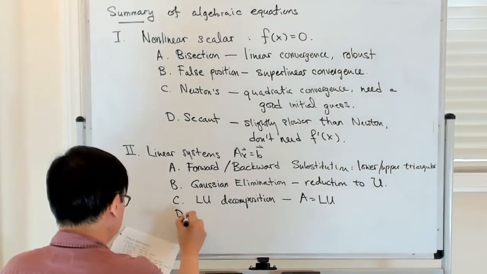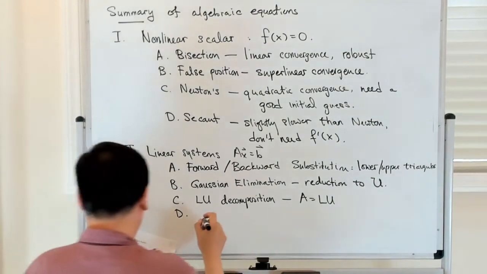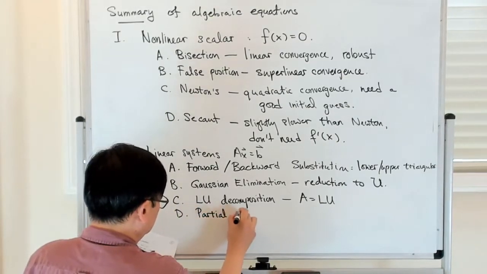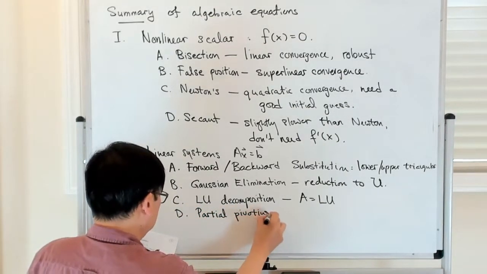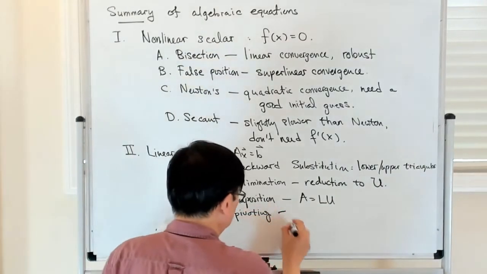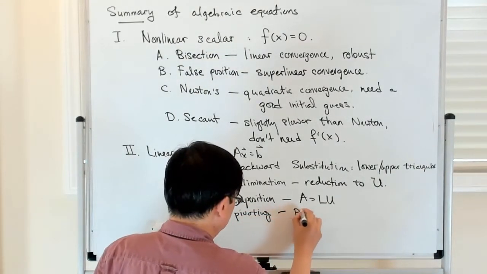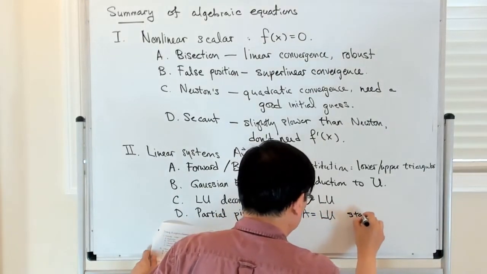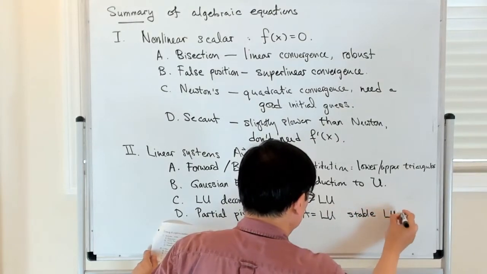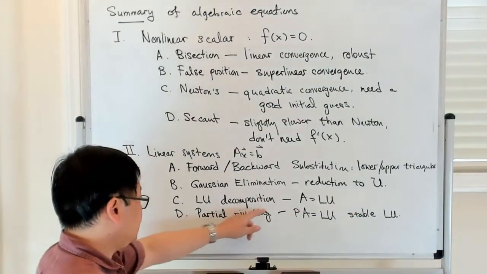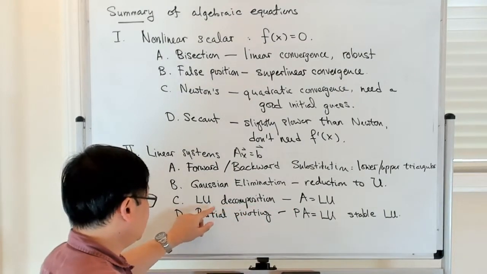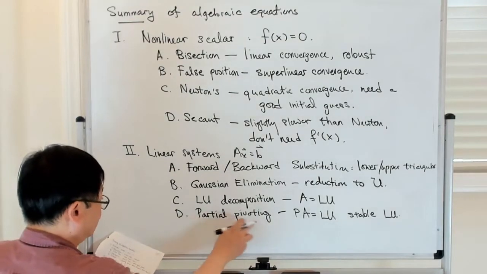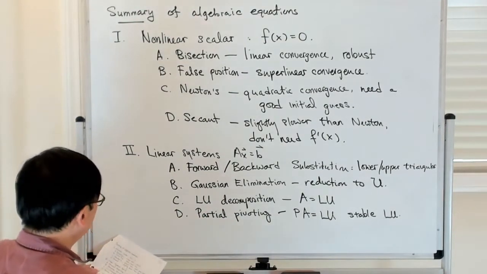And then the last thing we did was partial pivoting for LU. Right, and that gives you a factorization which says that P times A is equal to LU, and this is a stable version of LU, right? So the problem is that LU can suffer from small pivots, which destabilizes the solution, and partial pivoting addresses that issue.